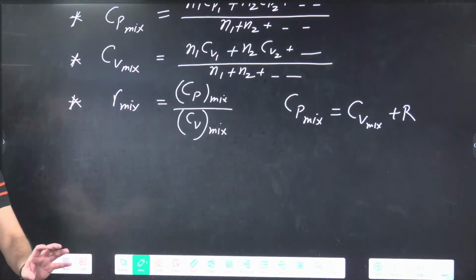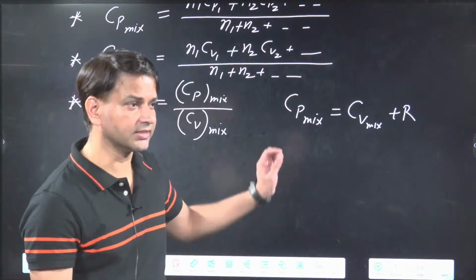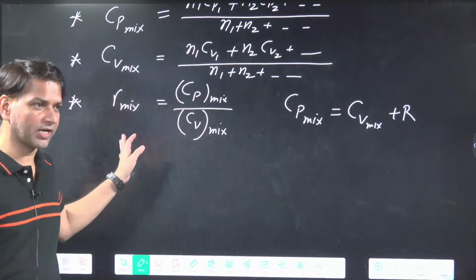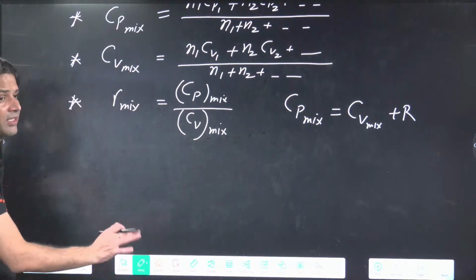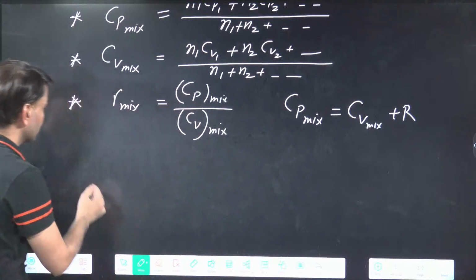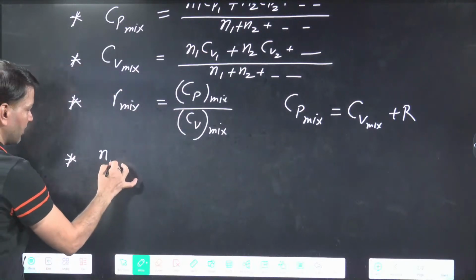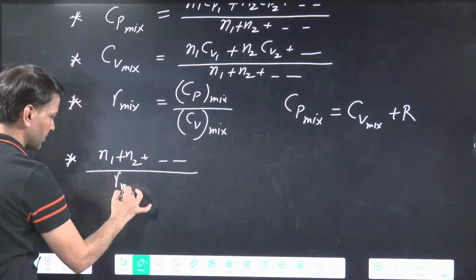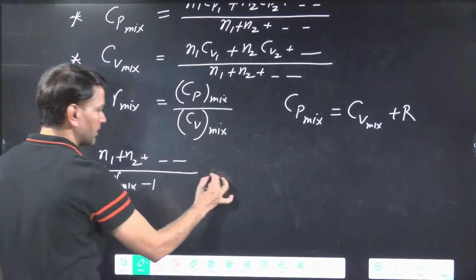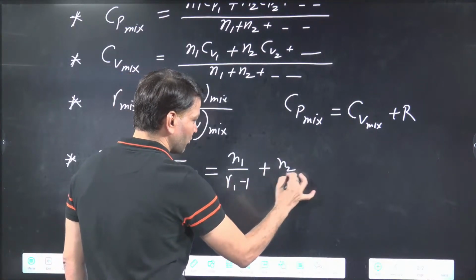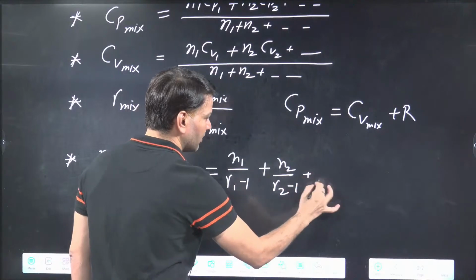So when both moles and gases are given, it is easy to go through this. If you want to memorize, then I will write the formula for the gamma mixture. But if you know the moles, it will always save time. So the other formula is: (n1 + n2) upon (gamma mixture minus 1) is equal to n1 upon (gamma1 minus 1) plus n2 upon (gamma2 minus 1).